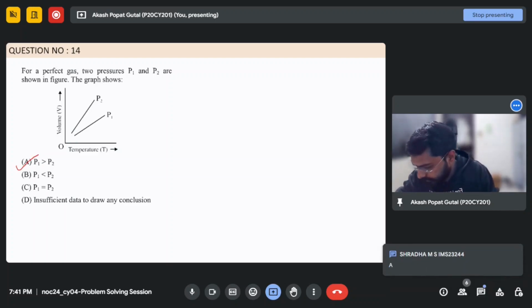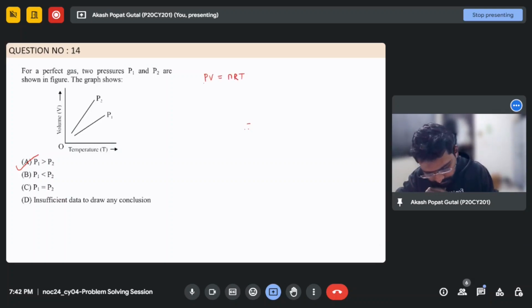So what we can see is, according to the ideal gas equation, PV is equal to nRT.